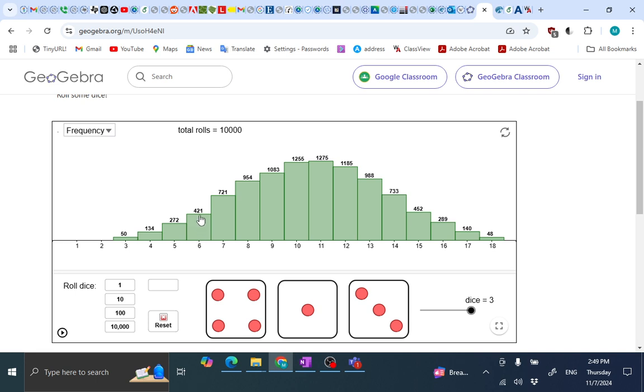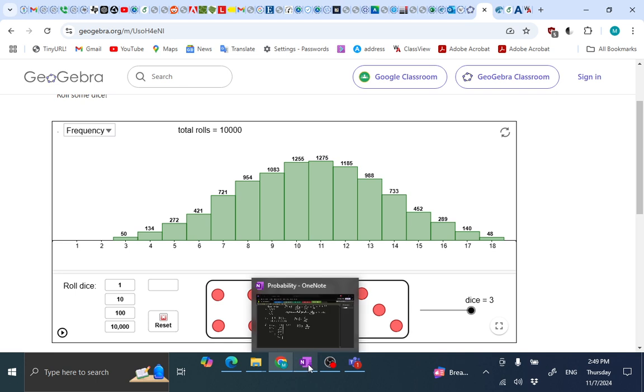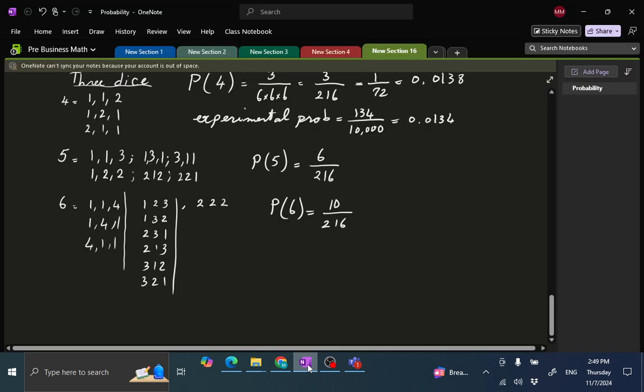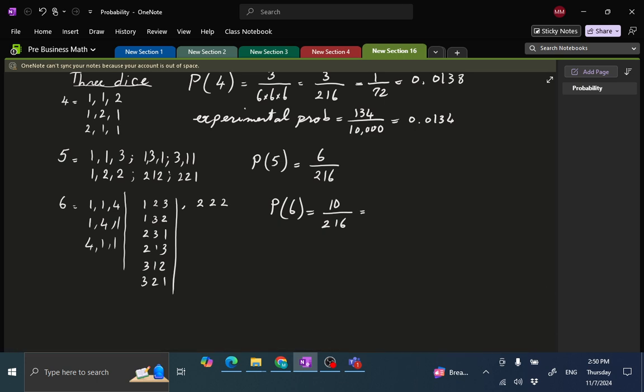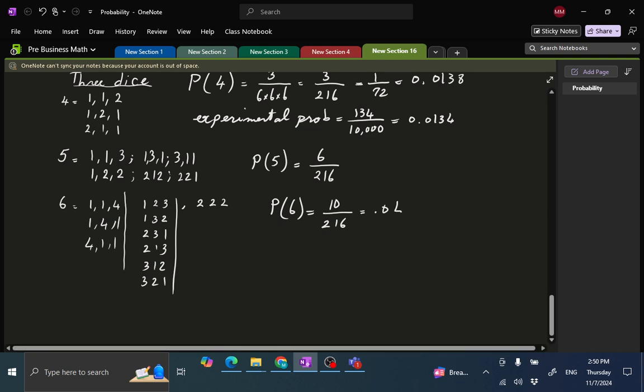It is 421 out of 10,000. So this one was 10 over 216. Let's write out what is 10 divided by 216, and I get 0.04629, etc.